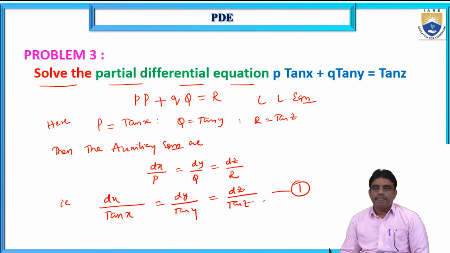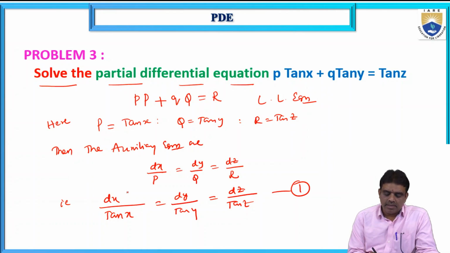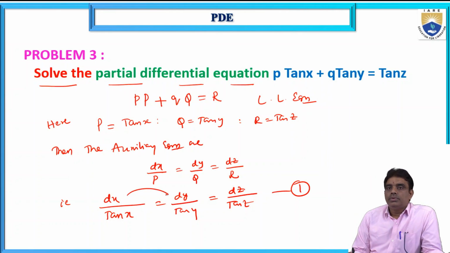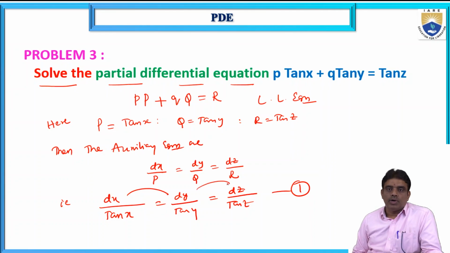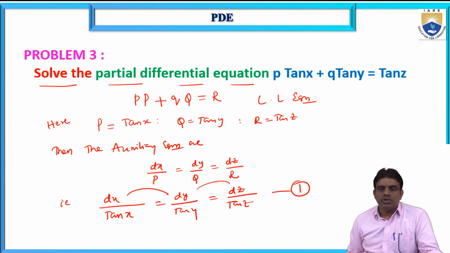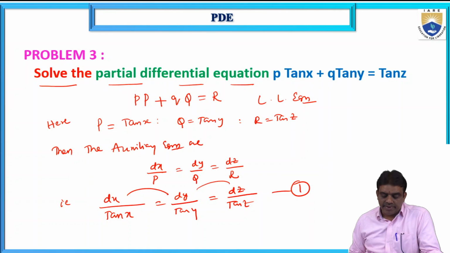If you take 1 and 2, you'll get a solution because it is in variable separable form. Similarly, consider 2 and 3 to get another independent solution. Then you can write the general solution of the given equation.